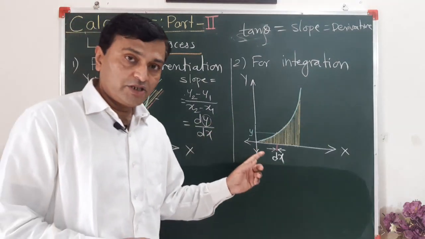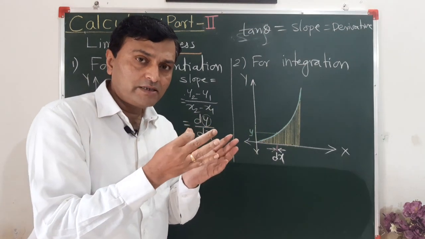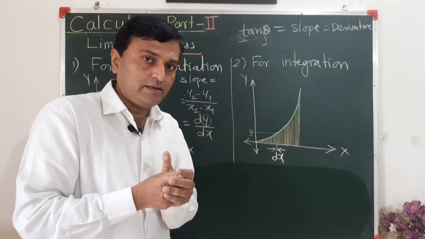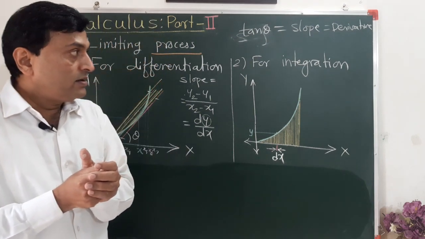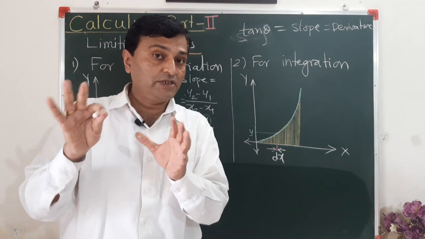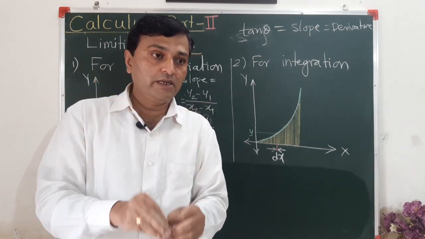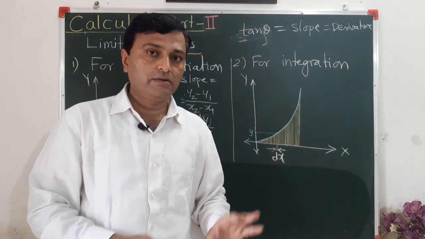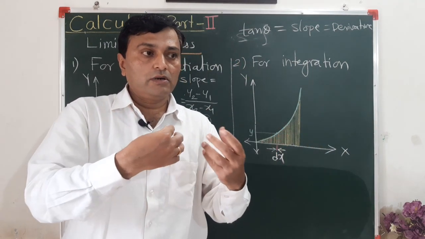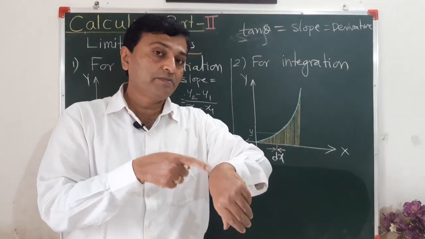Now for integration, actually the meaning of integration is integrating, means collecting. And what is derivative? It is rate of change with respect to someone. Something is changing with respect to something. Means your vehicle is covering distance with respect to time.